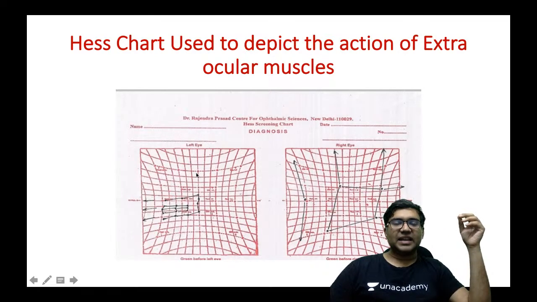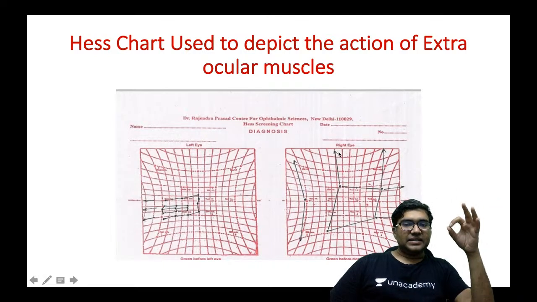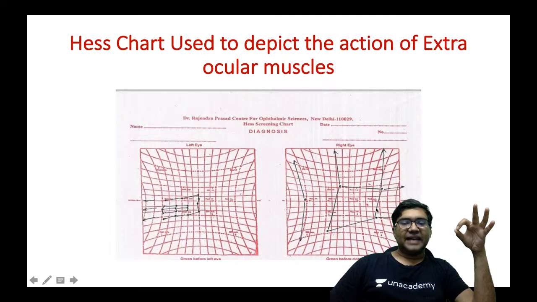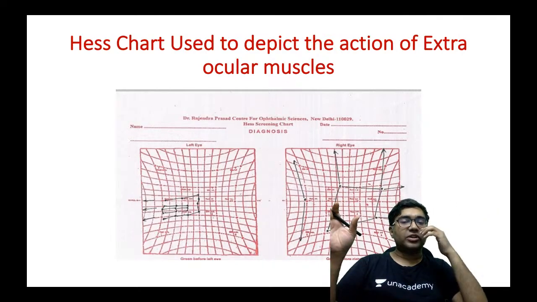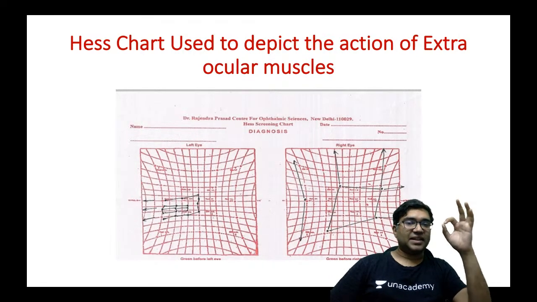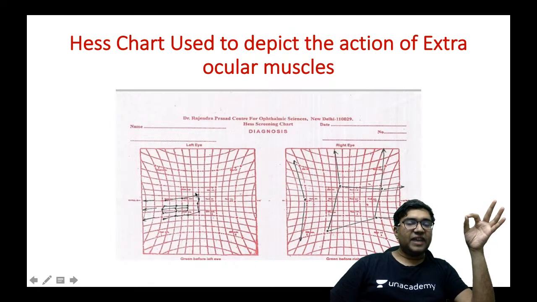Here, in the left eye and the right eye, the black lines you are seeing show how much your extraocular muscles are acting. In the right eye, you see all the lines, which means all the extraocular muscles are working very nicely. But in the left eye, Dr. Preeti, if you can see the black lines, they are in a very small quadrant.